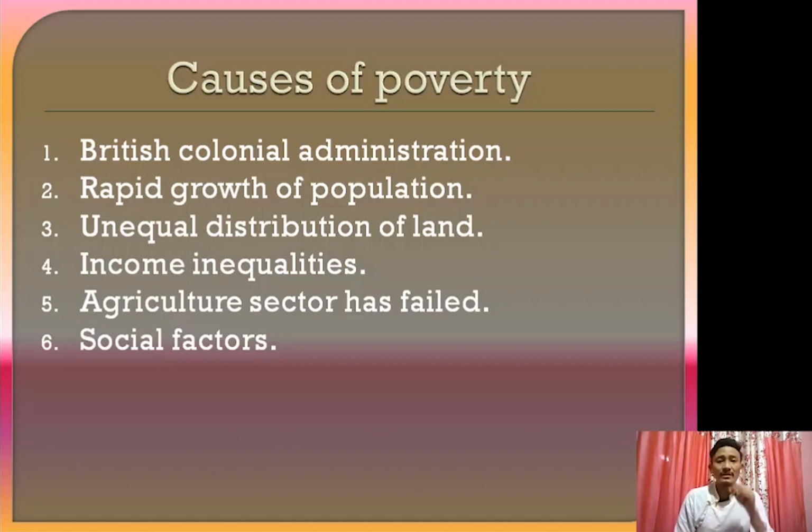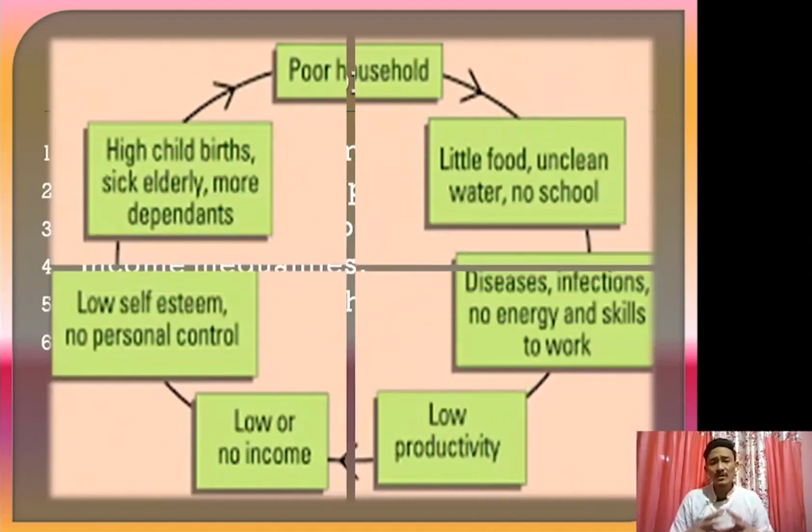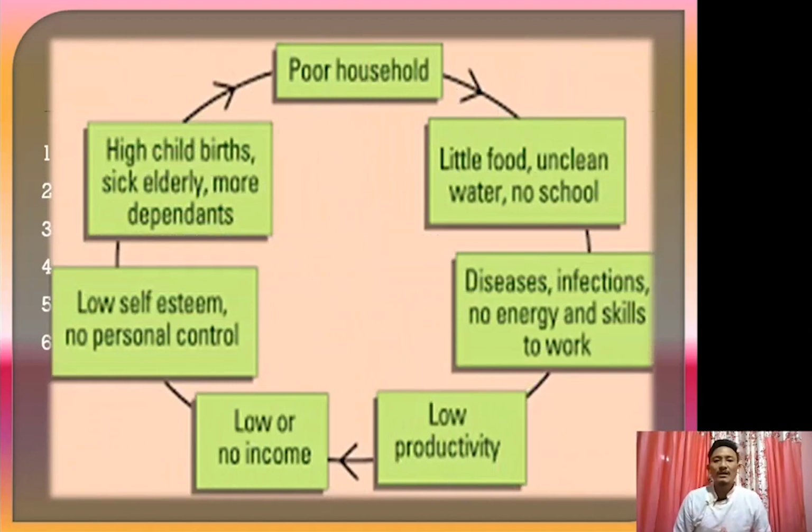All right, so with this we have covered 6 different causes of poverty so far. After this, I'll give you an overview of the poverty cycle. Let's begin with the top: the poor household. A poor household has very limited food stock.